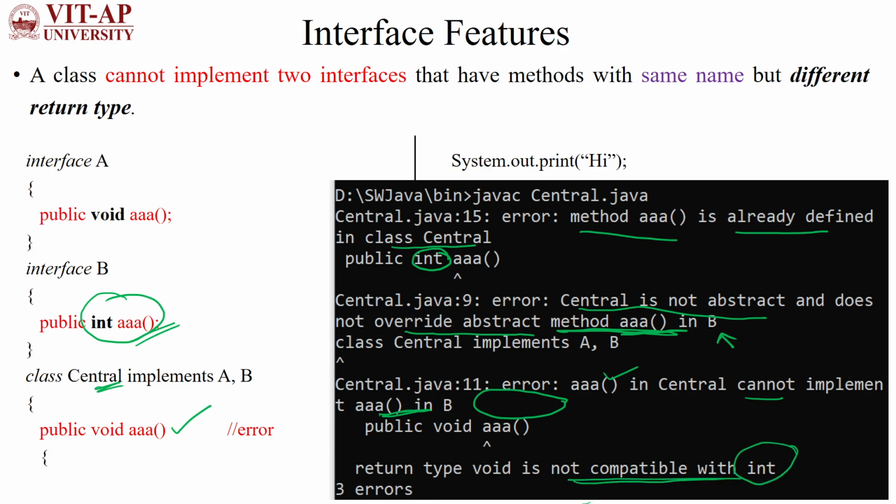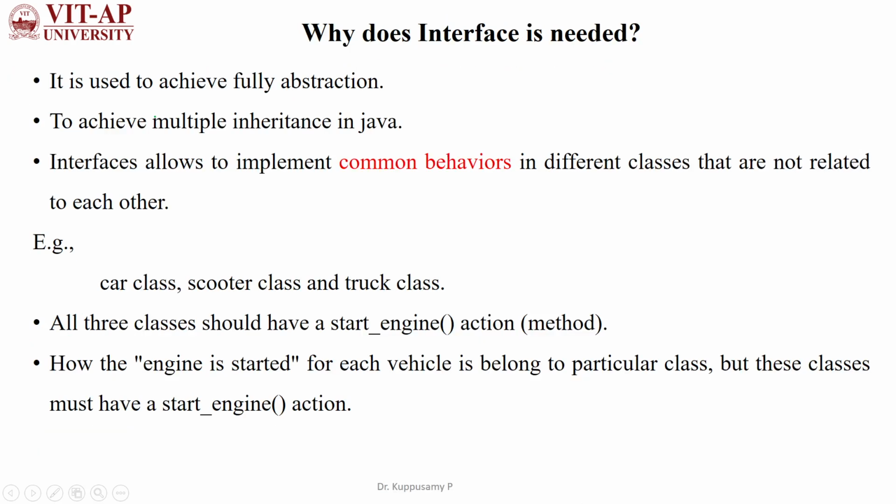Here void is not compatible with int. Here void is available, here int is available, so both are not compatible. So you should observe that we cannot implement two interfaces which have methods with the similar name but with two different return types. Okay, that is the thing.